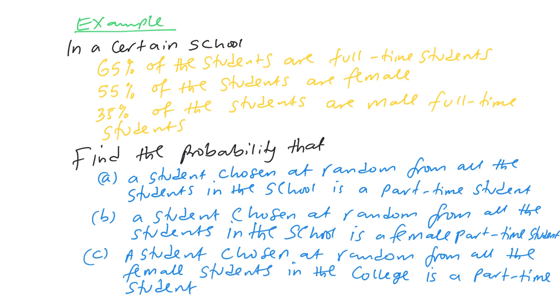Normally, it is good practice to read and understand the questions before you attempt to answer. When you look at this question, the first part is demanding that you find the probability that a student chosen at random is a part-time student. They have given us some information about full-time students. In this school, you are either full-time or part-time, but you cannot be both.